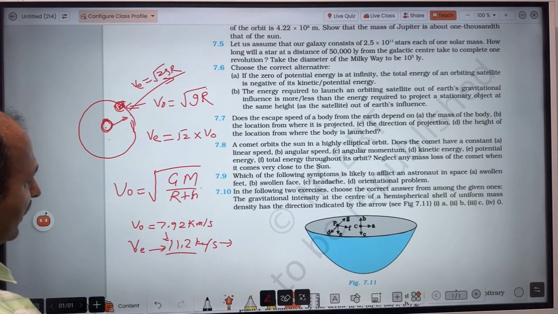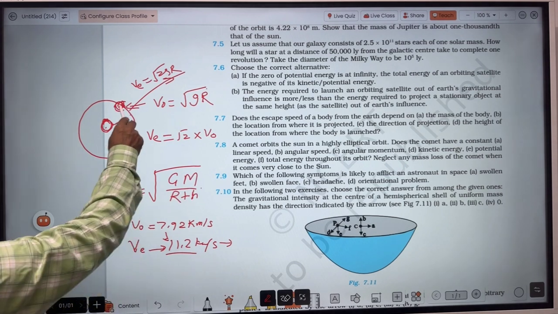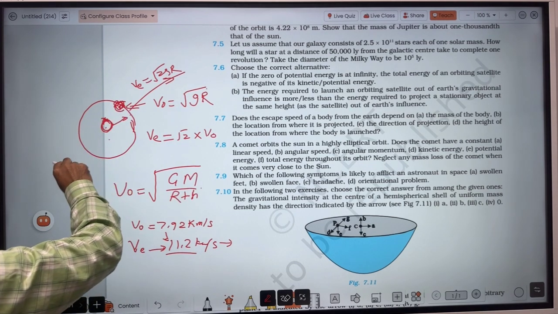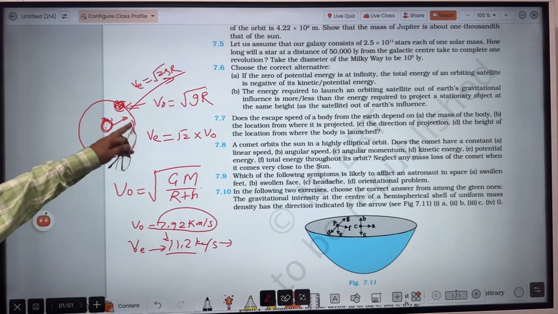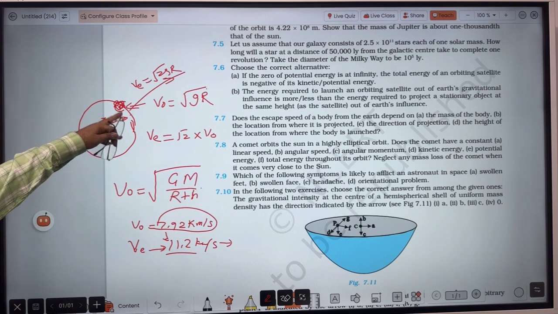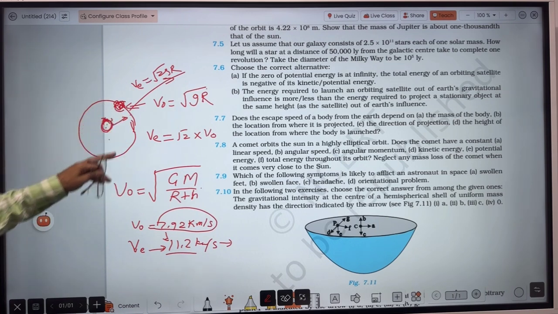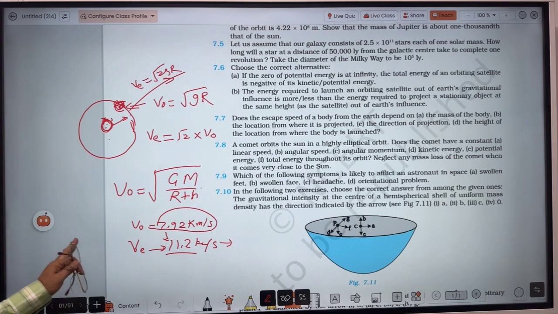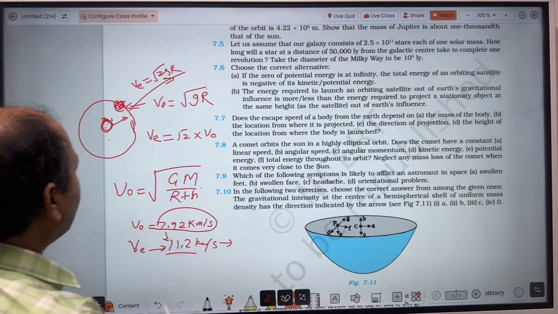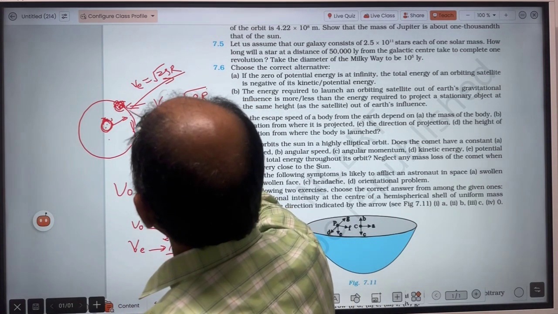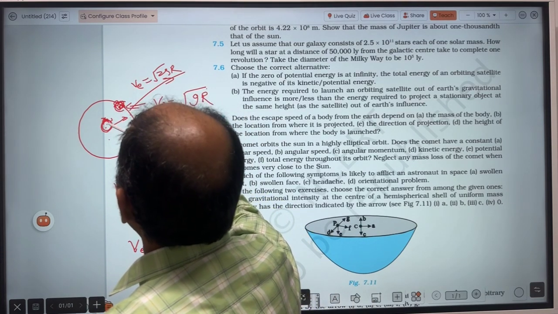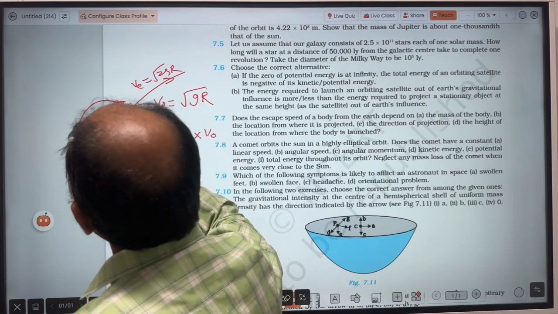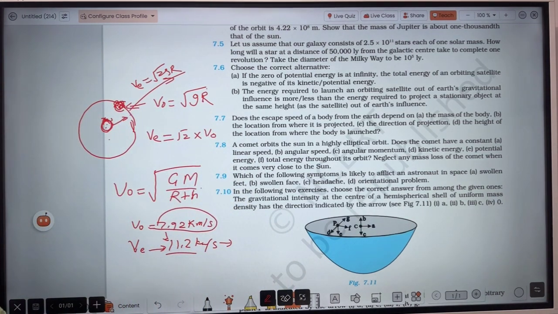So there is a slight increase, but if the object is here with zero velocity, then you have to give it this much velocity to project itself into the orbiting path. So we have observed that it is easier to make a satellite escape from Earth's gravitational pull than to put it into motion in a certain orbit.